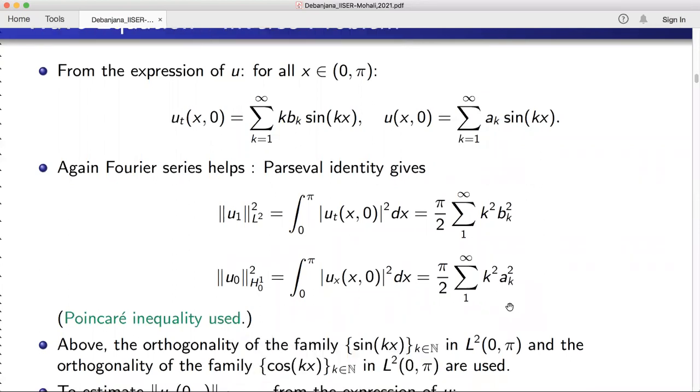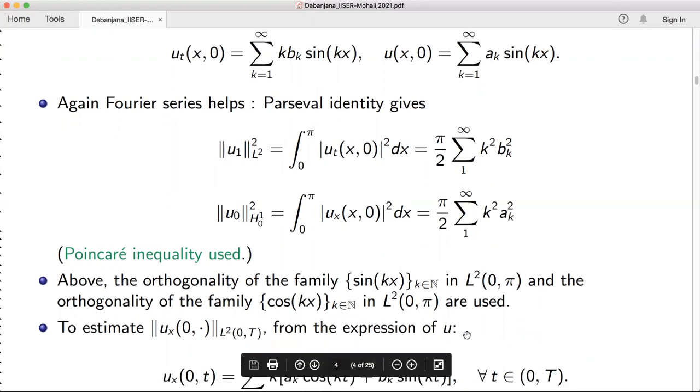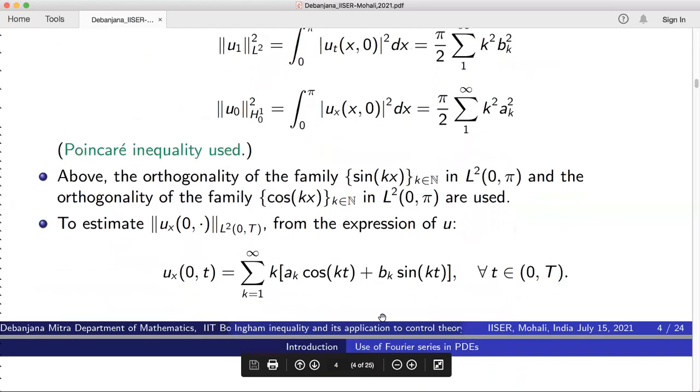Here in particular, I use that the family of functions sin kx is orthogonal in L2(0, pi). And similarly, cos kx also forms an orthogonal family in L2(0, pi). So these two things we just used here. Now next we will estimate that middle term in particular.